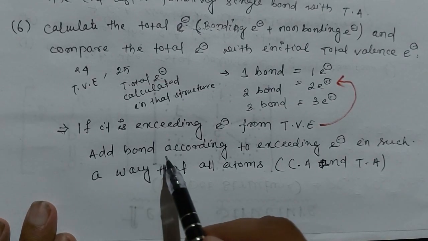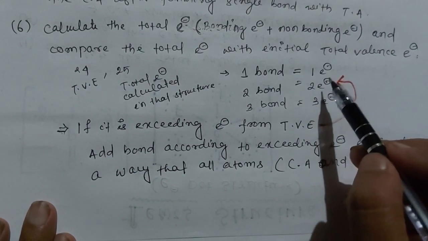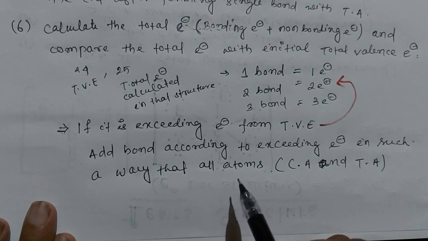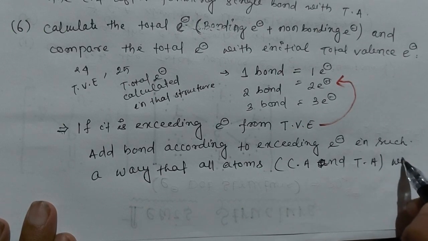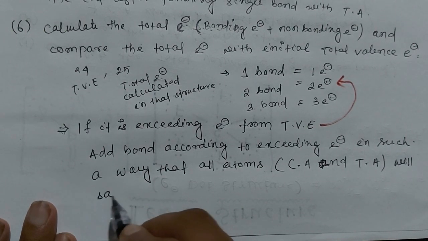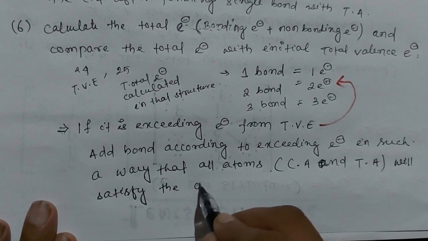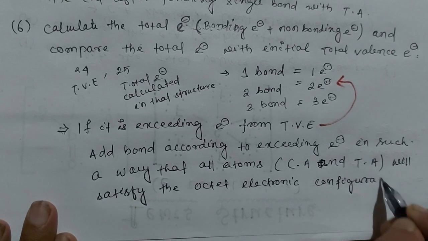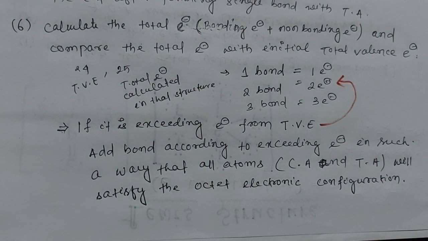So we will add bond according to the exceeding electron, like this one, for 1 electron 1 bond and 2 electron 2 bond, in such a way that all the atoms, that is central atom and terminal atom, will satisfy the octet electronic configuration.